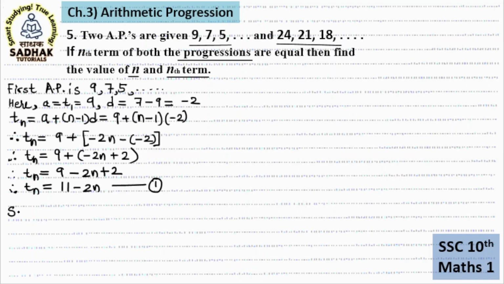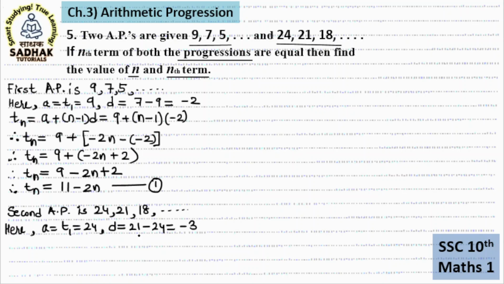Now let us talk about the second AP. The second AP is 24, 21, 18 and so on. In this AP, A, that is T1, is equal to 24 and the common difference D is the second term minus the first term, that is 21 minus 24, which is minus 3.